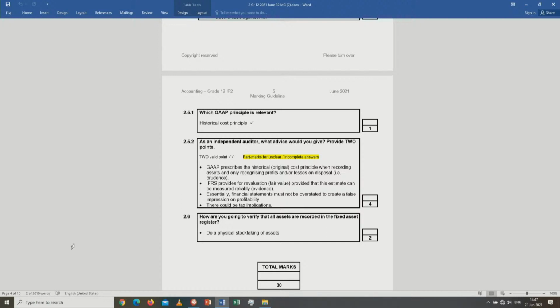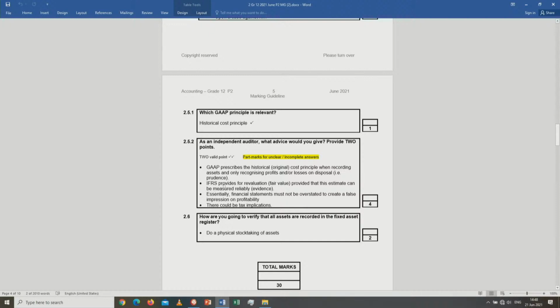The historical cost principle says the assets must be recorded at their original cost prices, and one day when we sell it, we will then record a profit or a loss. Okay. 2 valid points. Part marks for unclear or incomplete. GAAP prescribes the historical or original cost principle when recording assets and only recognizing profits and or losses on the disposal, right?